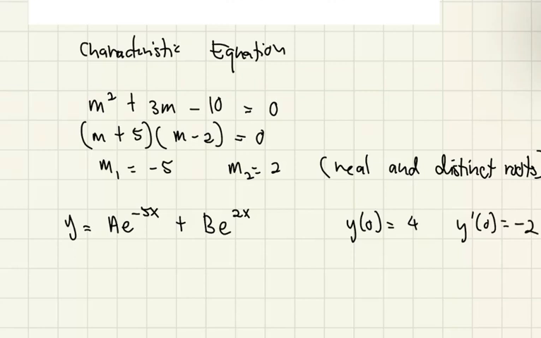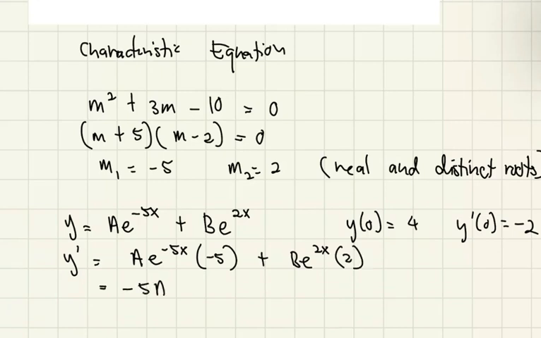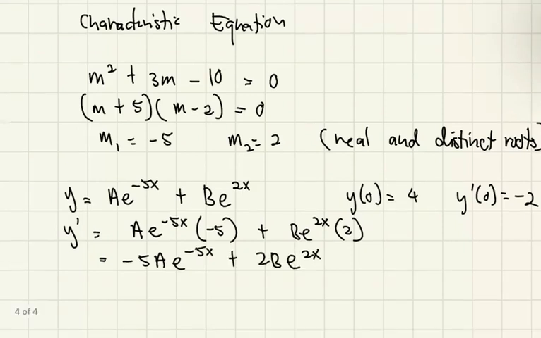Since we have y prime, we must find y prime first from the solution. So y' equals a e^(-5x) multiplied by minus 5, plus b e^(2x) multiplied by 2. So we have minus 5a e^(-5x) plus 2b e^(2x).